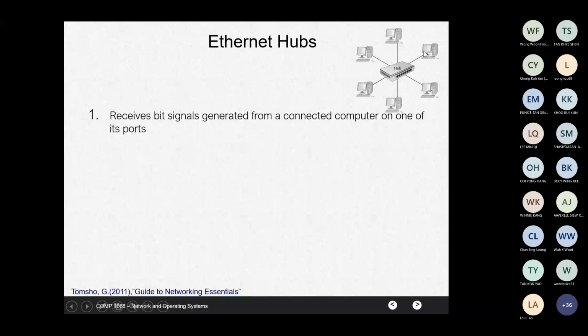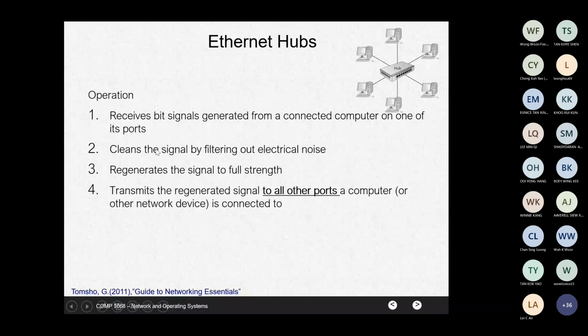For example, let's say this device here, call it device A, is trying to send the signal, it will go to one particular port. I hope all of you can see my screen. That's what this point is trying to highlight to you.